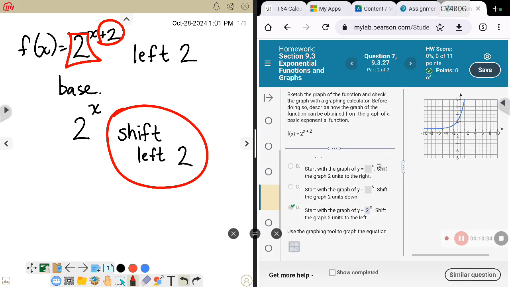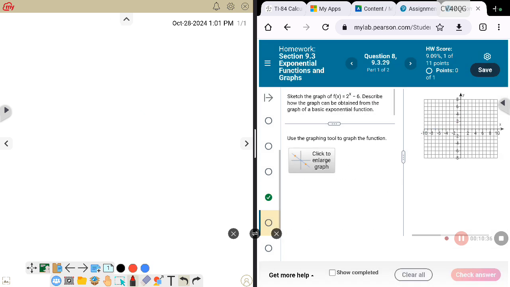On this next example, I have f of x equals 2 to the x, and then minus 6. That minus 6 is not inside the exponent.